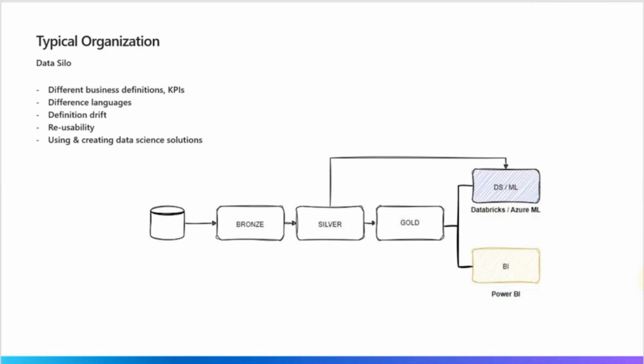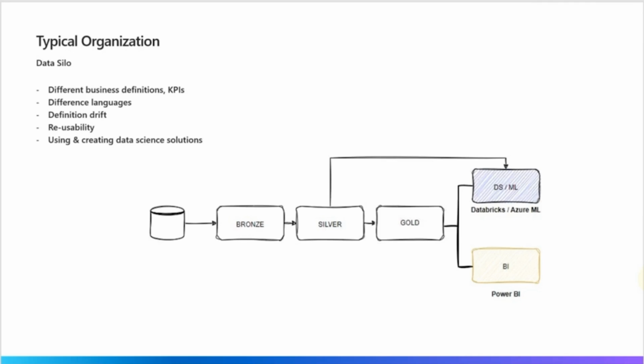Maybe it was augmented using different data, and the BI developer is not going to know that. And it's very much possible that their definition of the forecast is completely different from how the assumptions were made by the machine learning engineer or the data scientist. So that's problem number one.